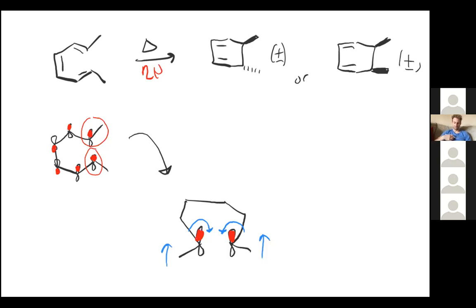I'll do an example where it pops them down later. So it's popping them in the same direction. And this would lead to the syn product here. There's different names for how these rotate. So this one's rotating clockwise. This one's rotating anti-clockwise. So they're rotating different directions, which is referred to as disrotatory.